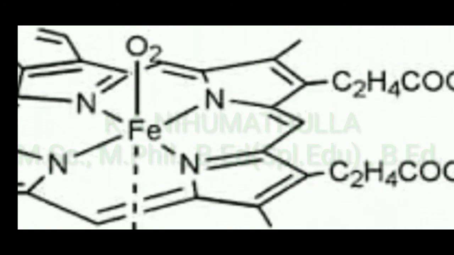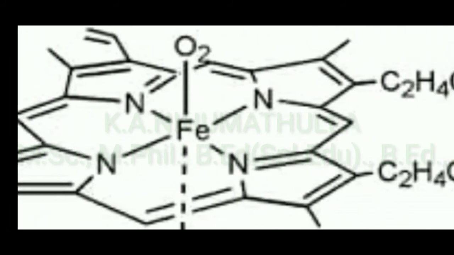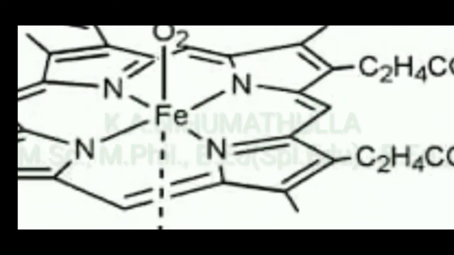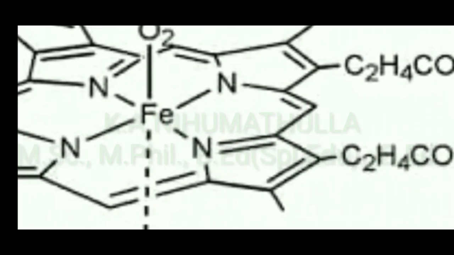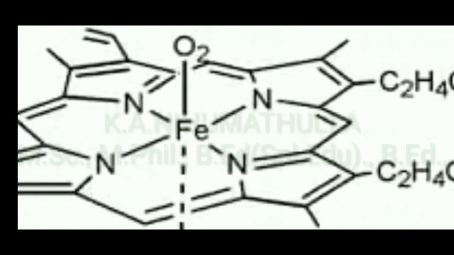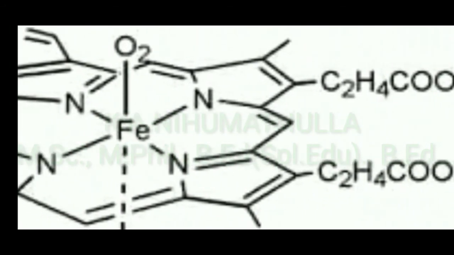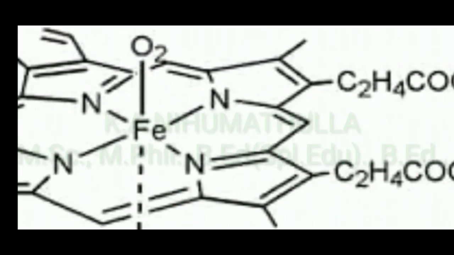What type of reaction takes place in all of our tissues? In all of our tissues, a burning reaction, a combustion reaction, takes place. What we ate undergoes combustion in cell tissues. For the combustion, oxygen is needed. That oxygen is carried by the heme group, and that oxygen is used to burn the carbohydrates and proteins we ate in our food.